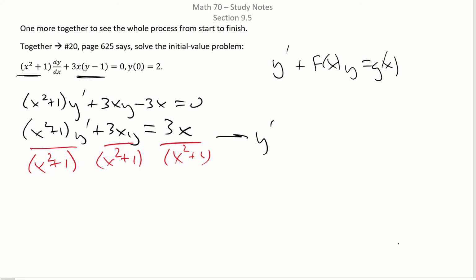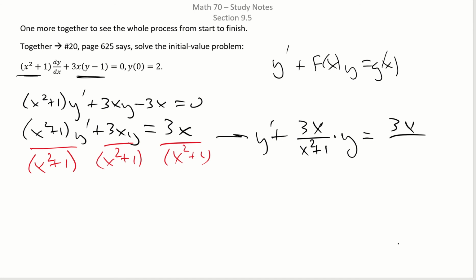We've got y prime plus, look at this thing, 3x over x squared plus 1 times y is equal to 3x over x squared plus 1. It is time for the integrating factor, e to the integral of 3x over x squared plus 1 dx. Well, guess what? You've got to do a u substitution.